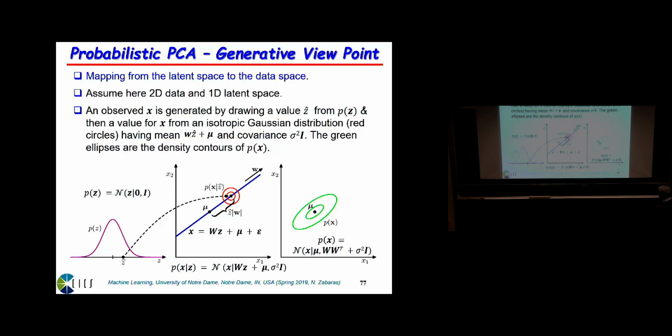Remember, here X has dimensionality D, all right? And Z has dimensionality M. So what is WW transpose?